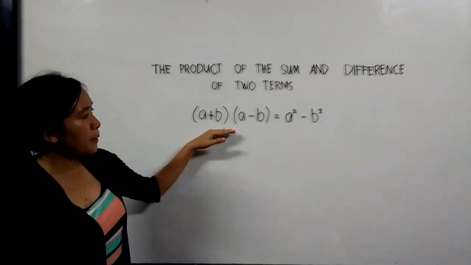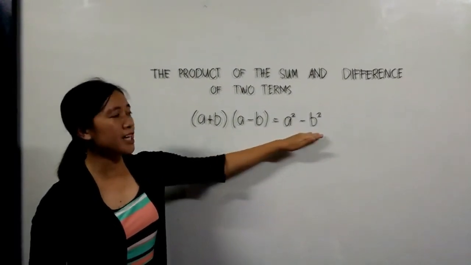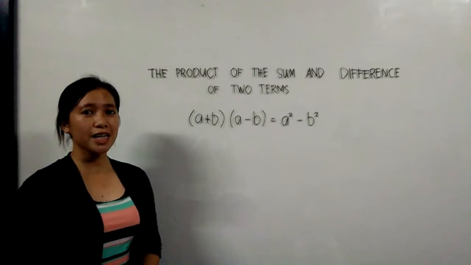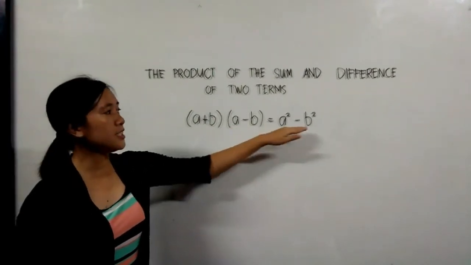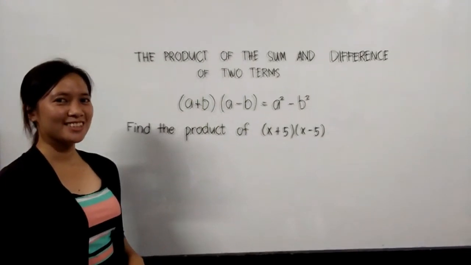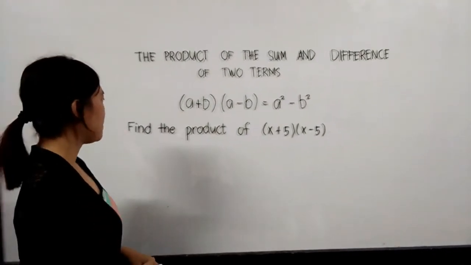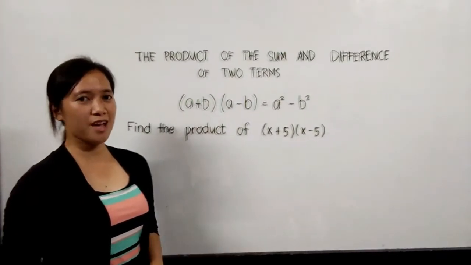We have here (a + b)(a - b) = a squared - b squared. Generally, the product of the sum and difference of two terms is the difference of their squares. So here is the example. Find the product of (x + 5)(x - 5).